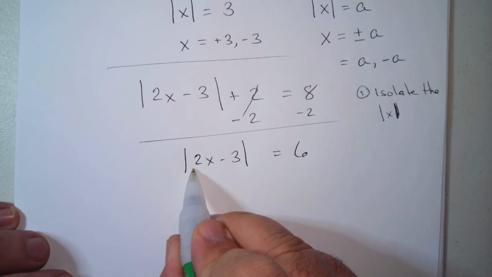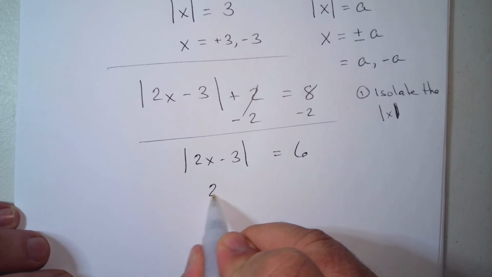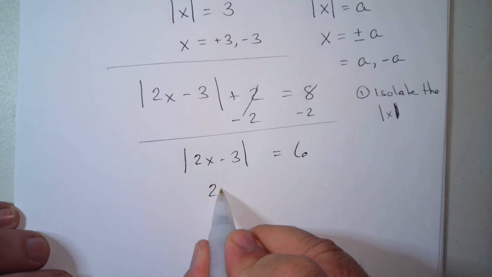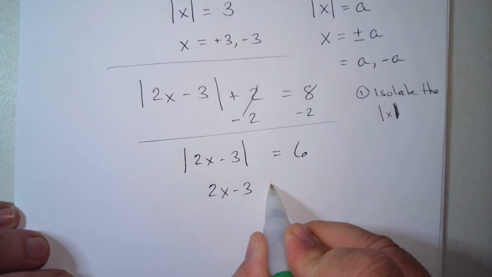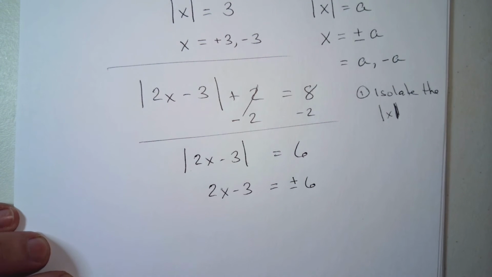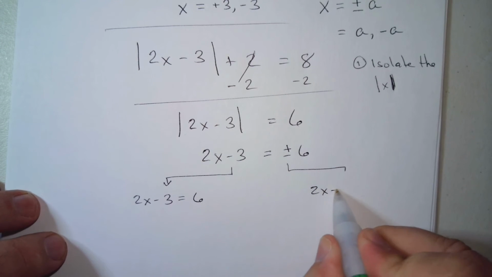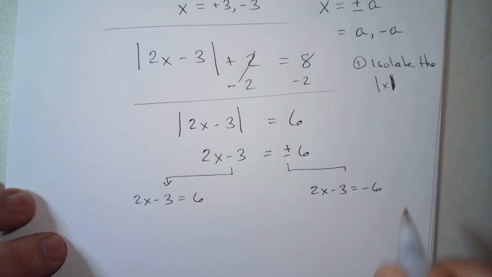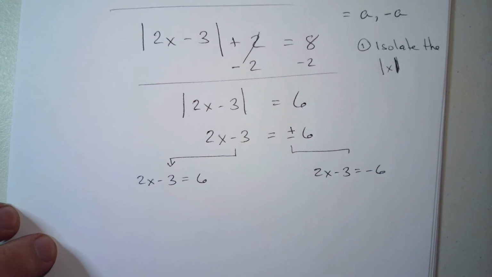So now when I drop the absolute values, since it's by itself, I put a plus or minus in front of the answer. This means one of two things. 2x minus 3 can equal +6, or 2x minus 3 can equal -6, or both.